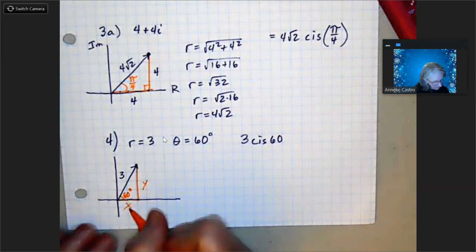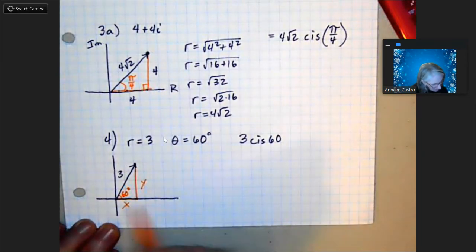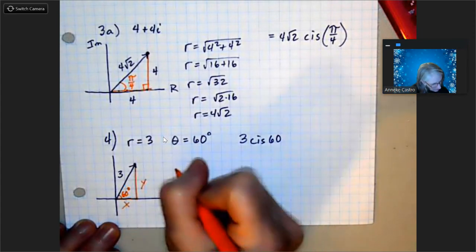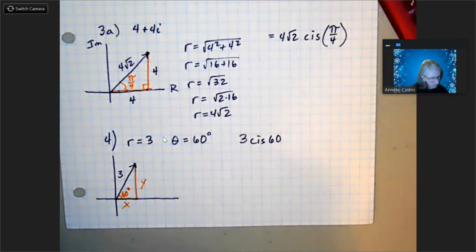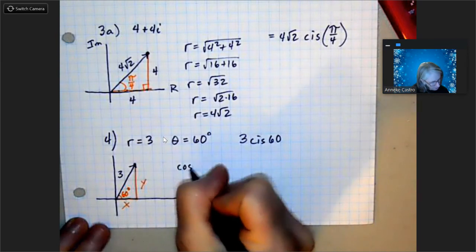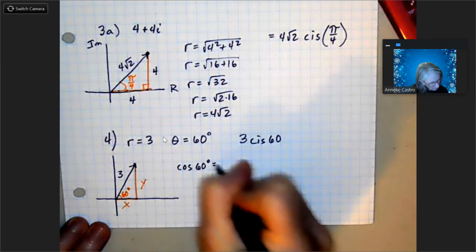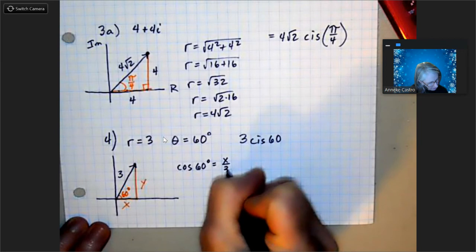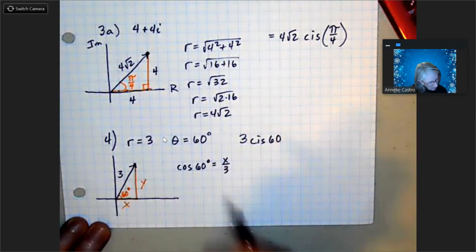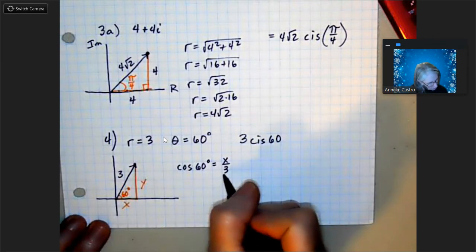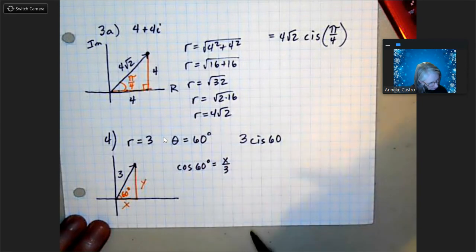To get x, that's the adjacent side. So I would say the cosine of 60 degrees is equal to x over 3, adjacent over hypotenuse. And then I can multiply both sides by 3 to figure out what my x is.